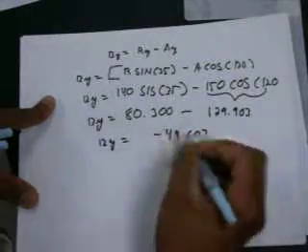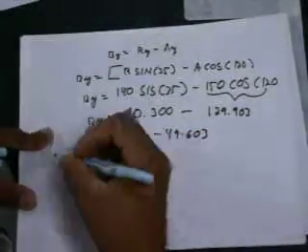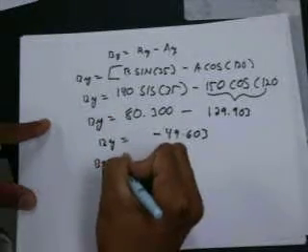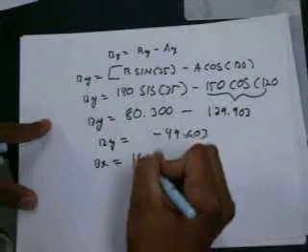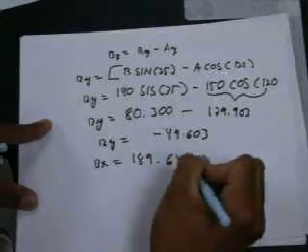Now we do the Pythagorean theorem. Remember, our B of X we had 189.681.